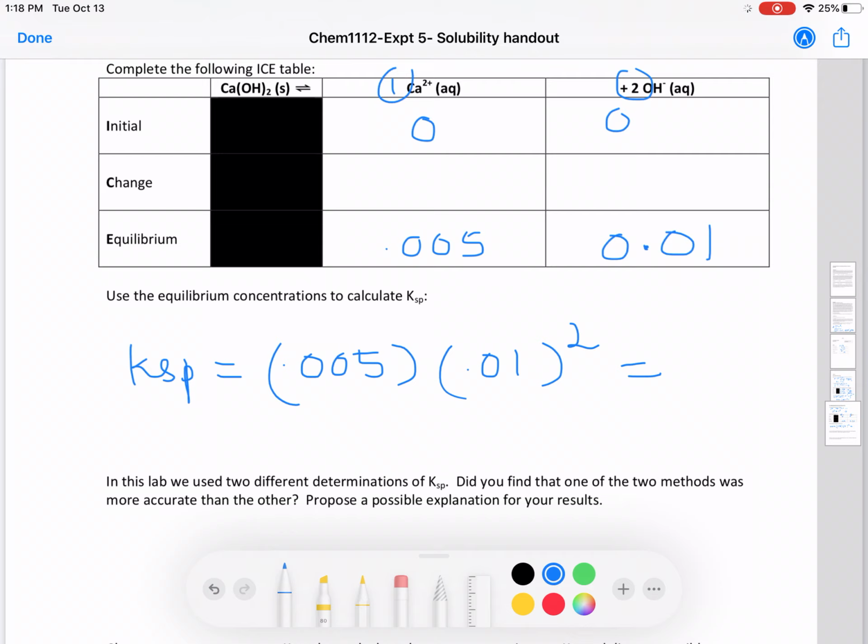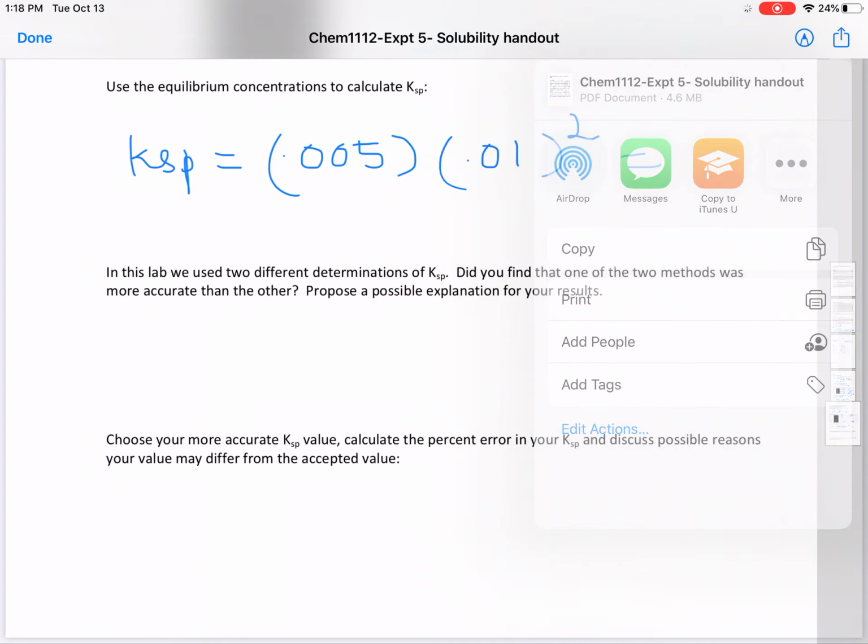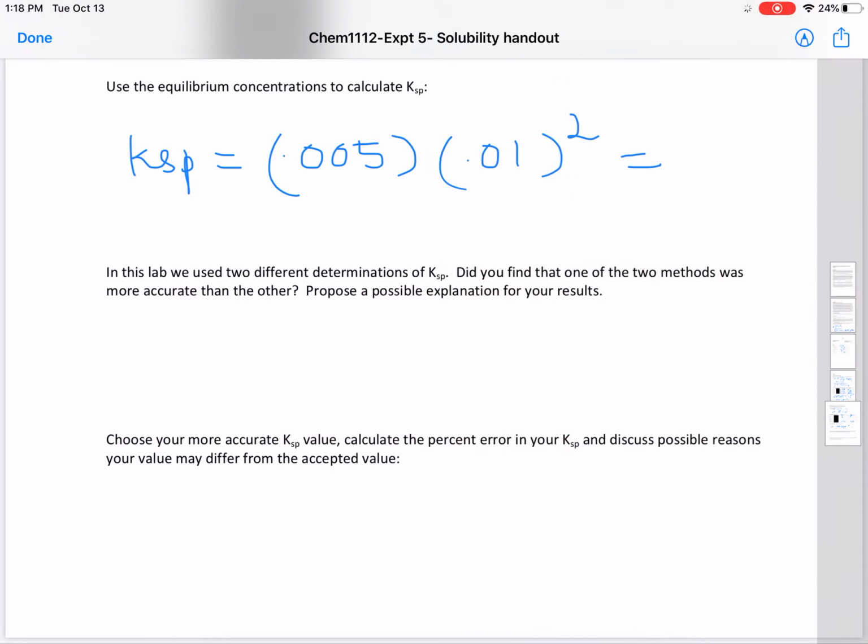Okay. In this lab we used two different determinations of Ksp. Did you find that one of the two methods was more accurate than the other? Propose a possible explanation for your results. So I will give you the correct original value for the calcium hydroxide Ksp.